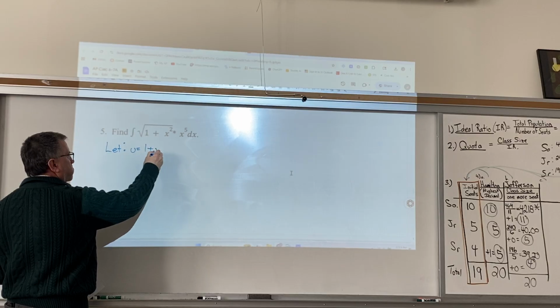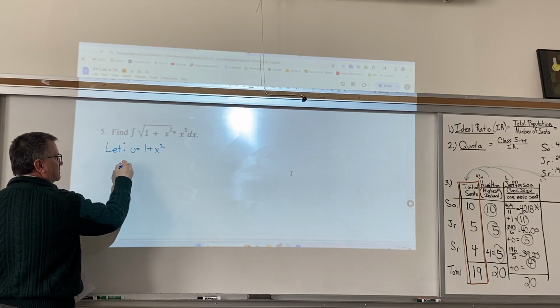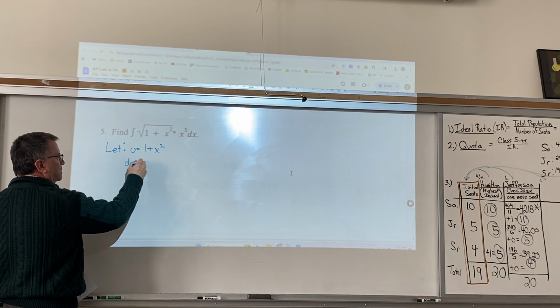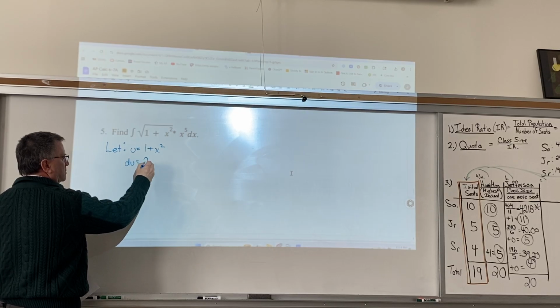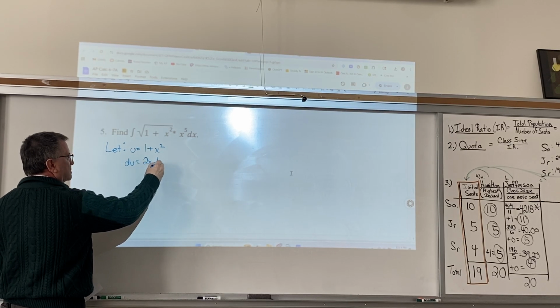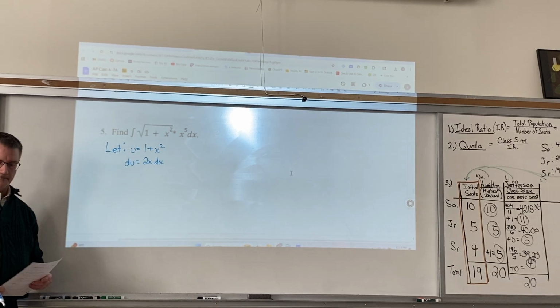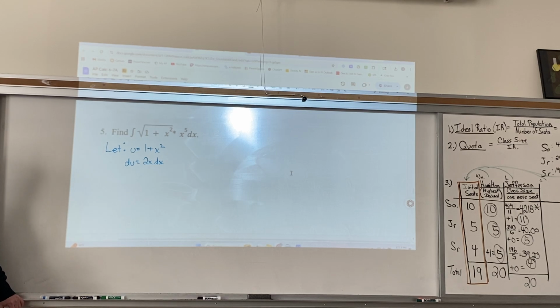If we do that, the derivative of u would be du, the derivative of this would be 0 plus 2x dx. I definitely don't see a 2 up there. Do I see an x dx?